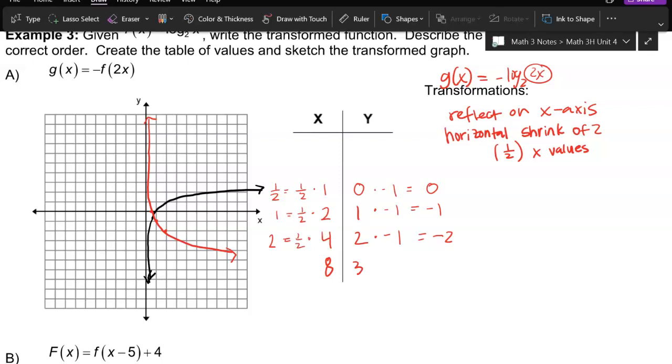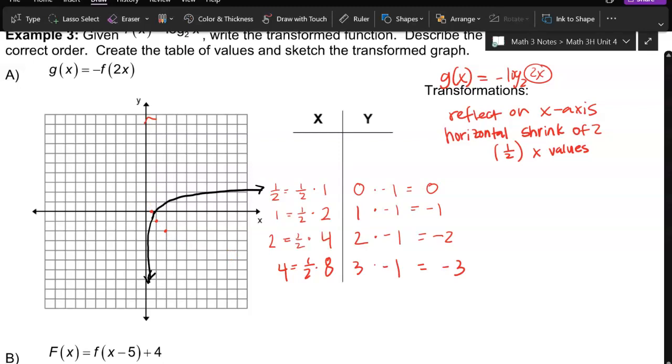So multiply that by -1. So it'd be -3. And then this one, that'd be at 4. So 4, -3. So kind of going like that. So see how it flipped upside down there for your points.